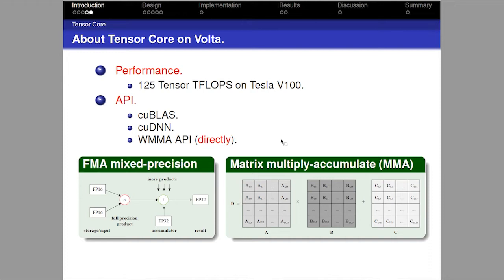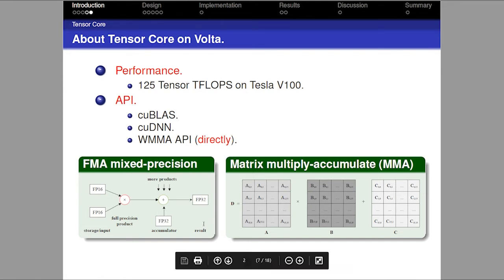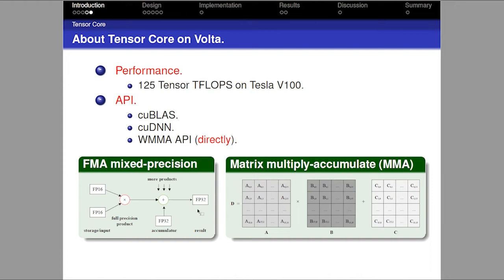The matrix size is usually 16 by 16, and the input is float point 16, while the product accumulation and the result are float point 32. CUDA provides several access methods. Developers can program them directly through the warp-level matrix multiply and accumulate API.